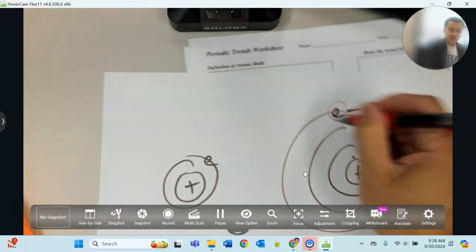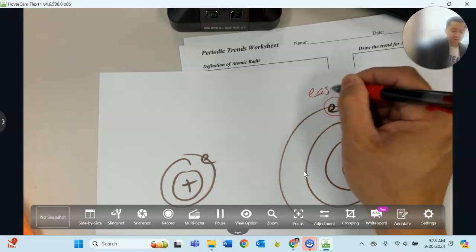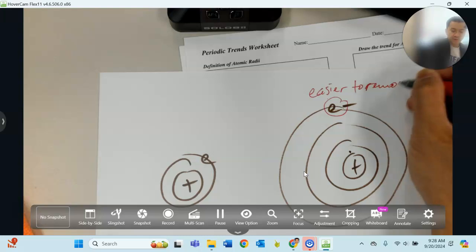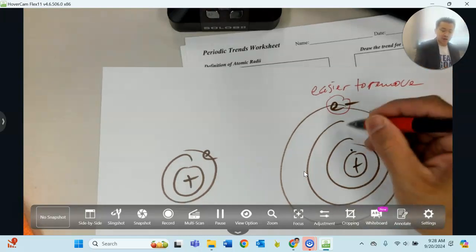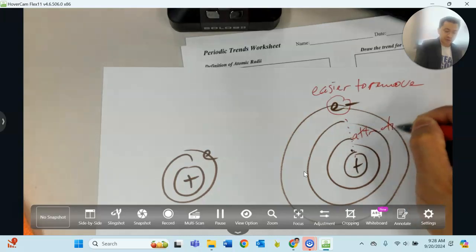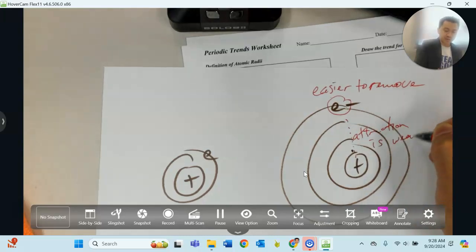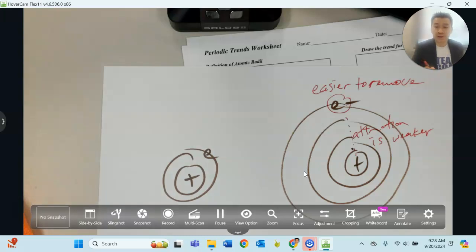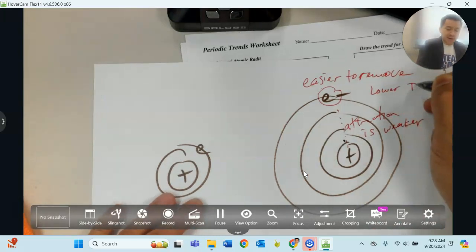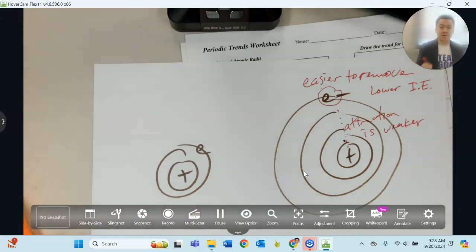So this guy over here is easier to remove because it's further away. The attraction to the nucleus is weaker. So therefore it's easier to remove. Lower ionization energy, IE. Okay?